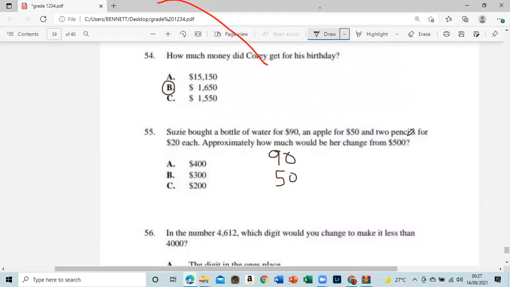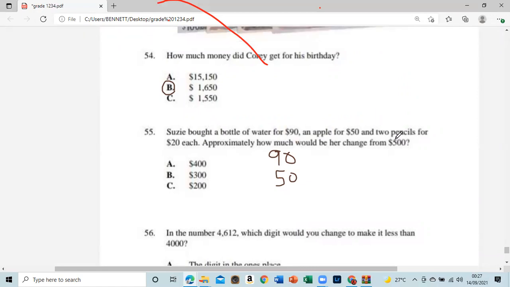Alright, so Susie bought a bottle of water for $90, an apple for $50, and 2 pencils for 20 each. So she's going to buy 2 for 20. So that is $40 spent right there. So 40 and 40, 90, she spent 180.